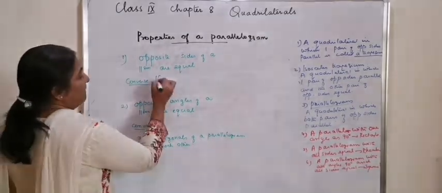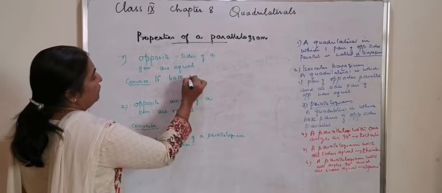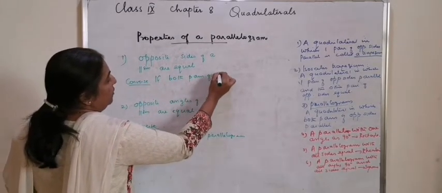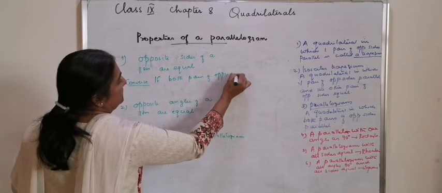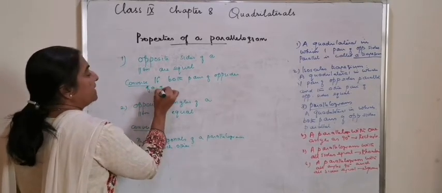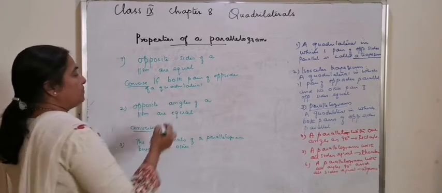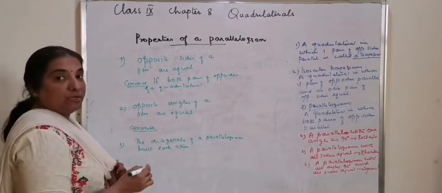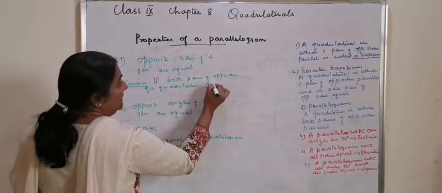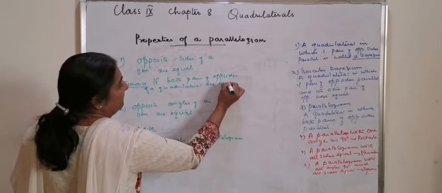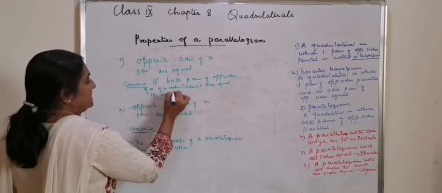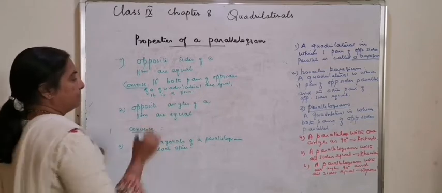If both pairs of opposite sides of a quadrilateral are equal, it is a parallelogram.